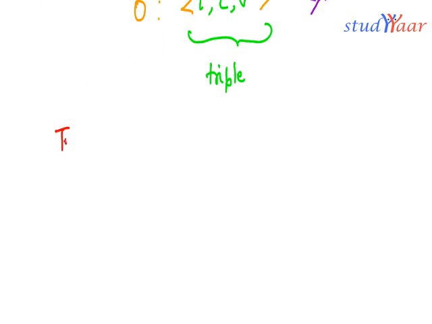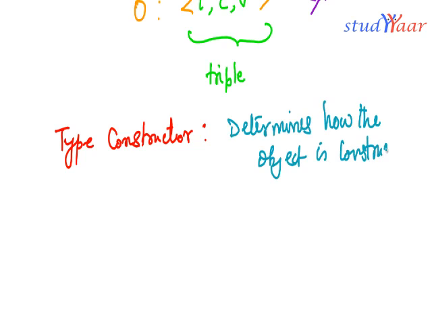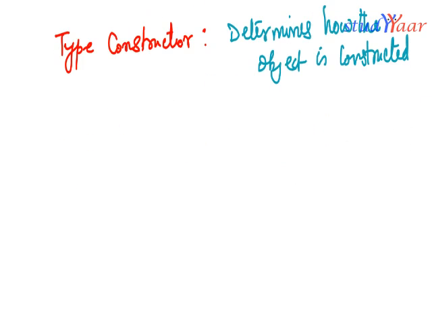Okay, now let's see what a type constructor is. A type constructor is something that allows me to determine how this object is constructed. So my type constructor determines how the object is constructed, or in other words, it tells me the basic structure of an object.